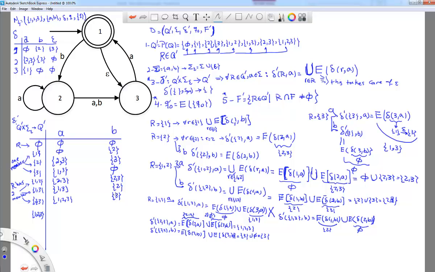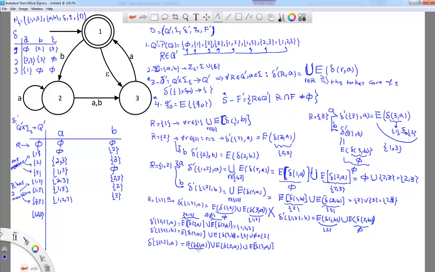Okay, now finally I will have to do the delta prime of 1, 2, and 3 for A, which is going to be the union of E of delta of 1 and A with E of delta of 2 and A with E of delta of 3 and A, unioning these three sets.